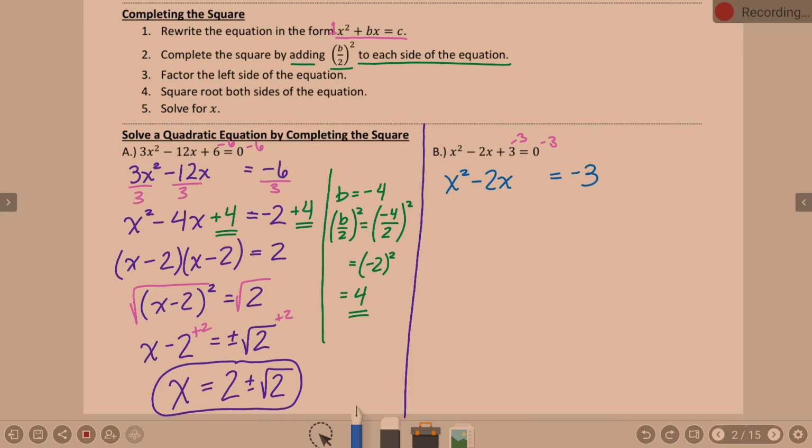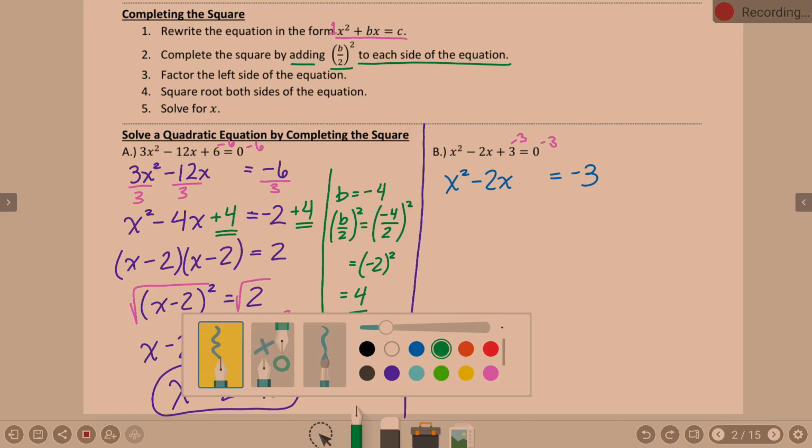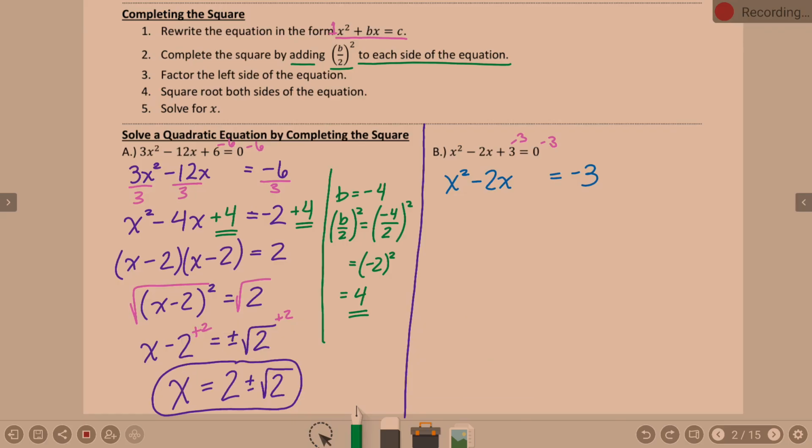Step 2. Complete the square by adding b over 2 squared to each side of the equation. Okay. What is my current b? X squared plus bx, right? So b is negative 2.